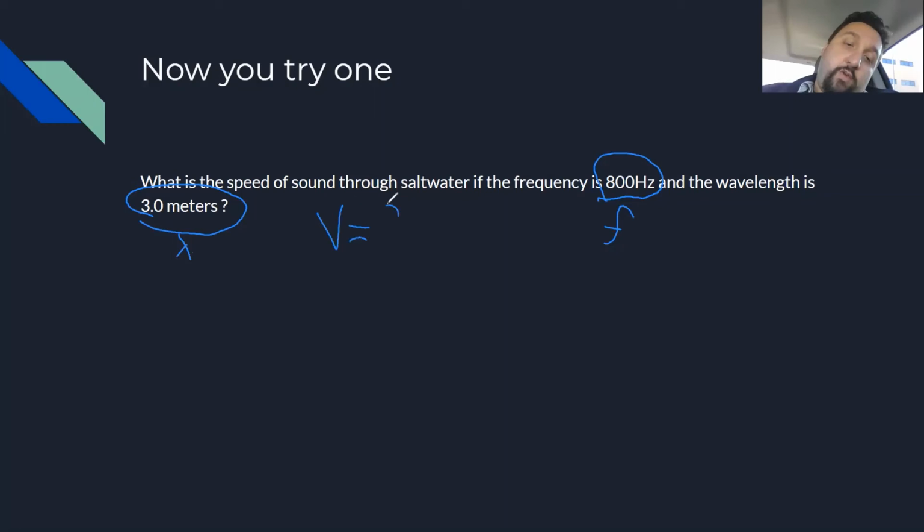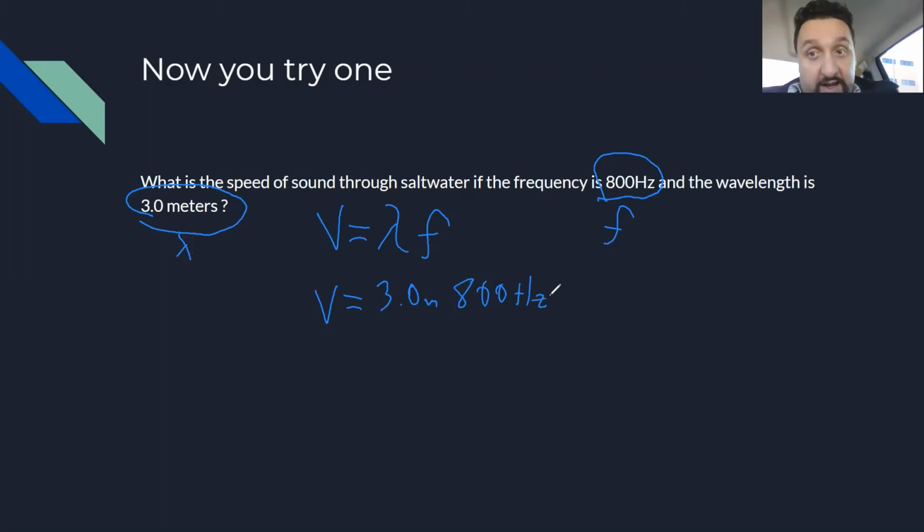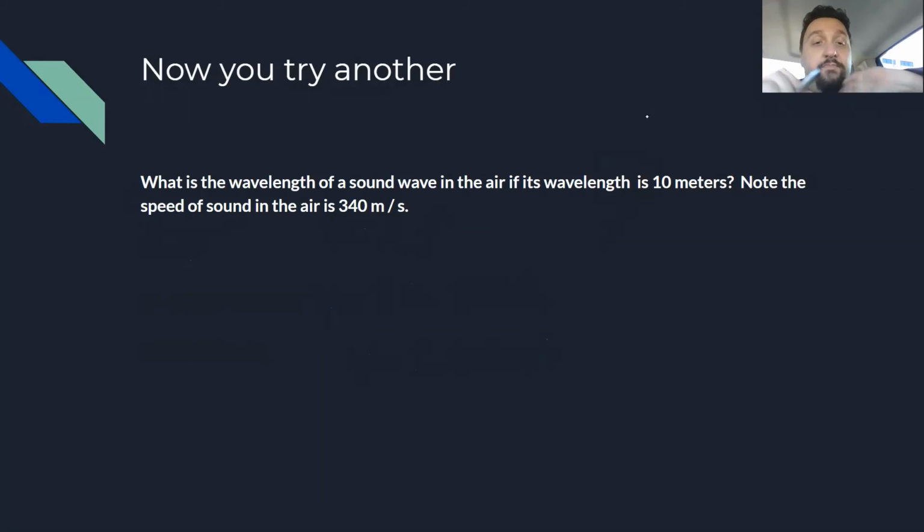Write in V equals lambda times frequency. Step three, fill in our knowns. We don't have anything for speed, so we put the V in. Our wavelength is 3 meters, and our frequency is 800 hertz. 3 times 800 is 2,400 meters per second. That's it. Let's do another one.